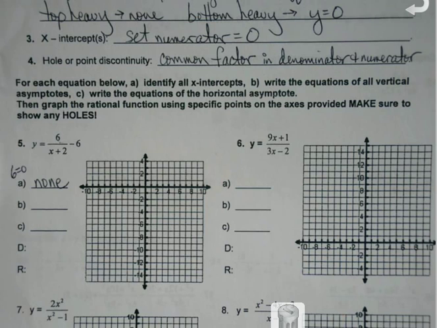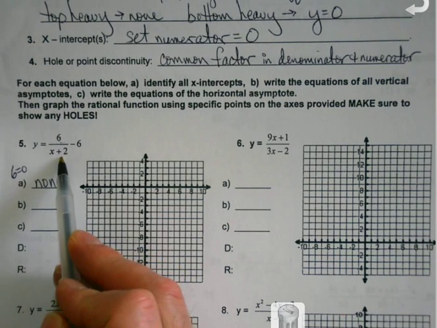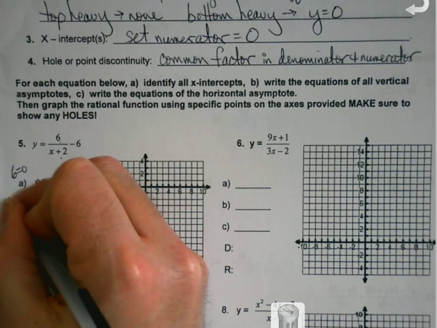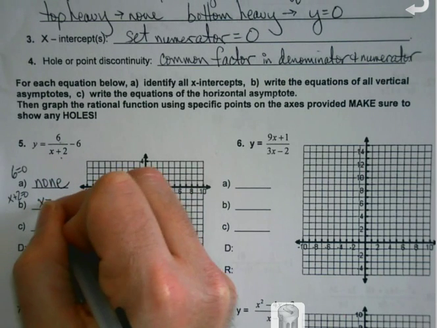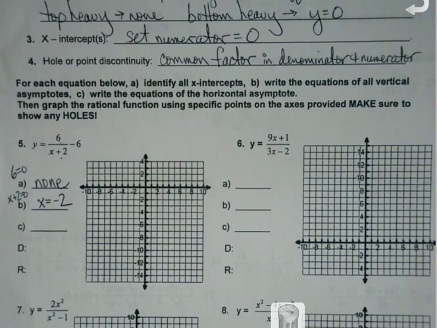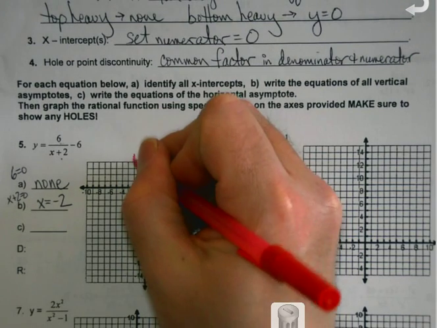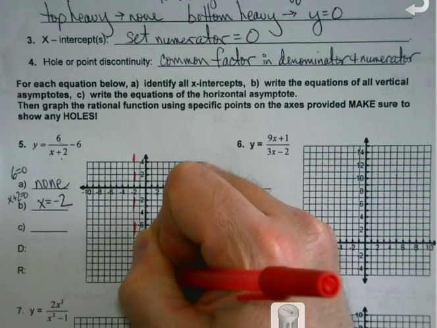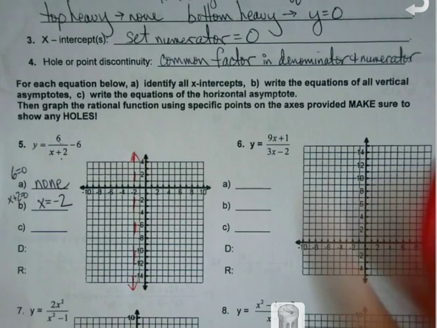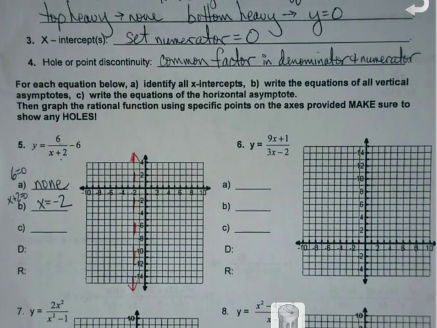Write the equations of all vertical asymptotes. Check out your denominator. Set it equal to 0. We find out we've got one at x equals -2. And I am a fan, whether it says to in the directions or not, of actually drawing these in, because it helps me not to get in trouble with making my graph or my branch get a little too far away from me at times.